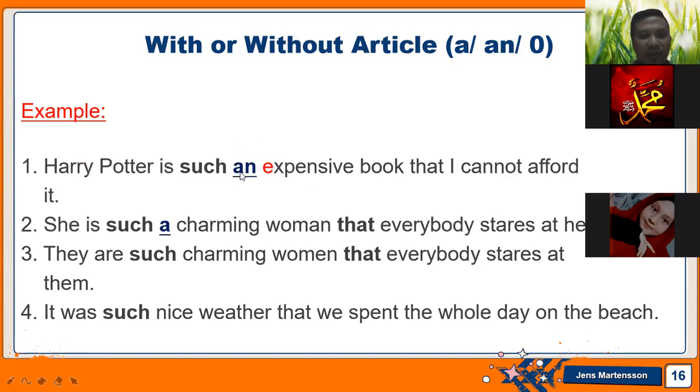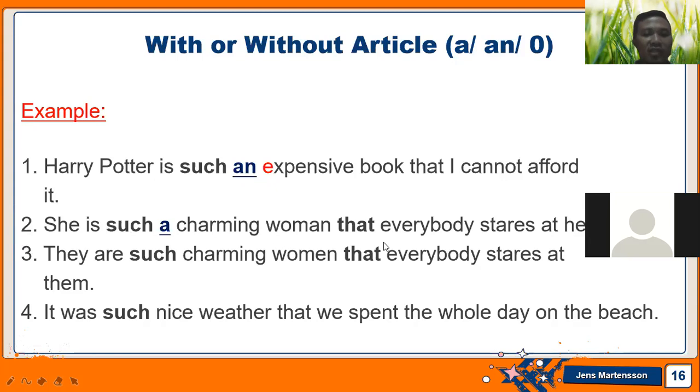Do you use a or an here? Because the adjective begins with a vowel, the adjective is using a vowel letter. So we have to use an here. Good.